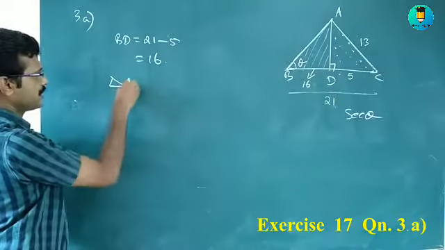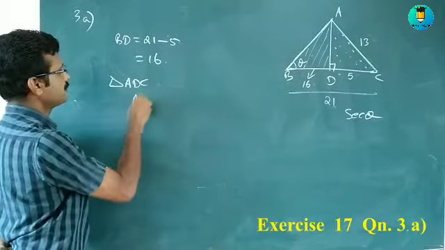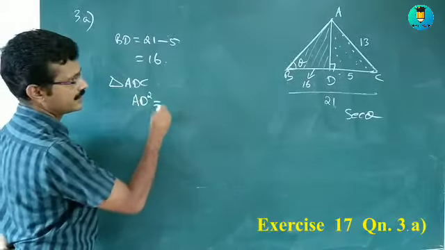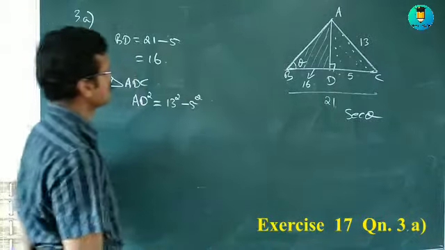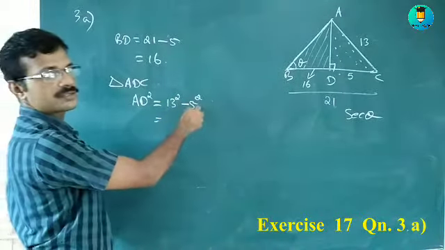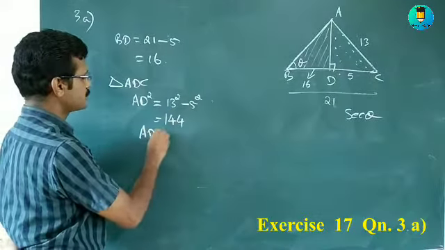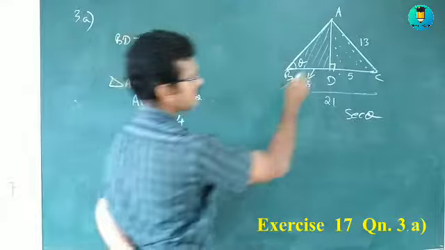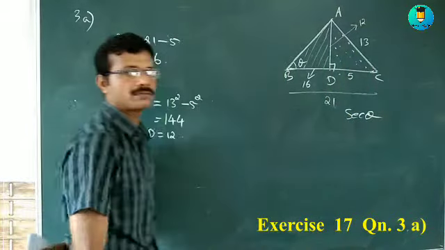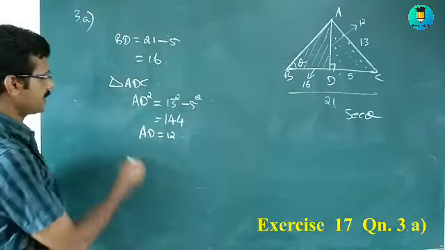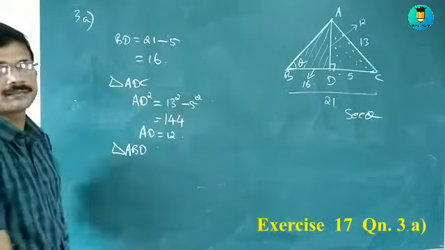From ADC I can find AD. AD square is 13 square minus 5 square, that is 169 minus 25, that is 144. So AD is 12. Now look at the right angle triangle ABD.